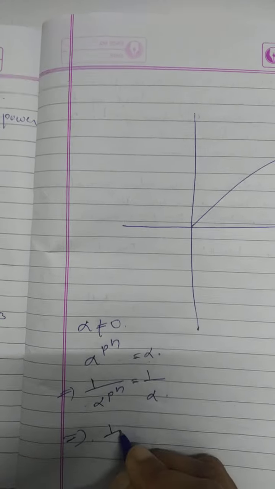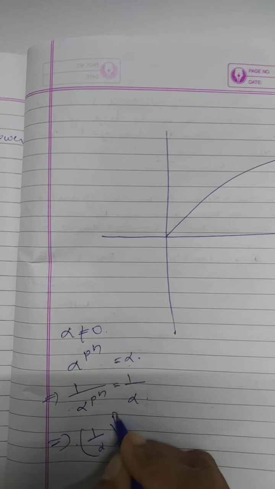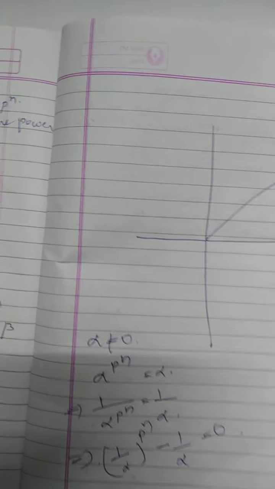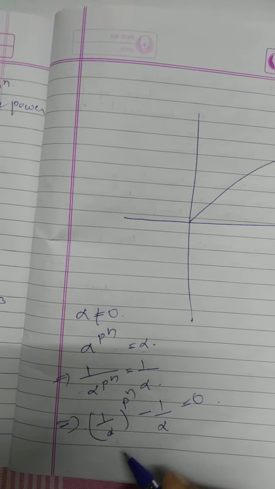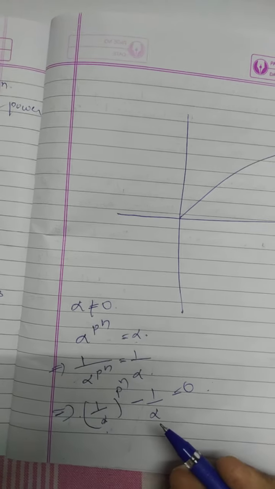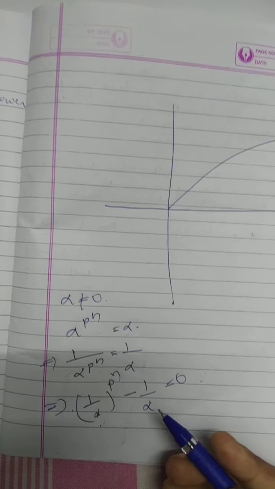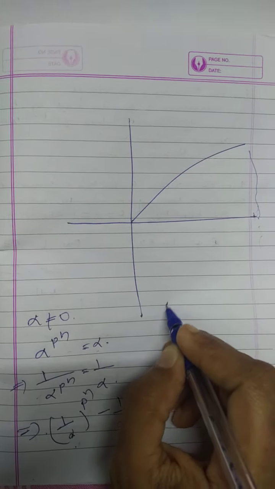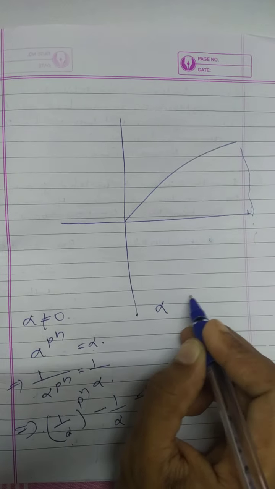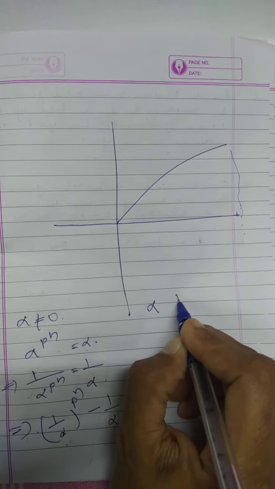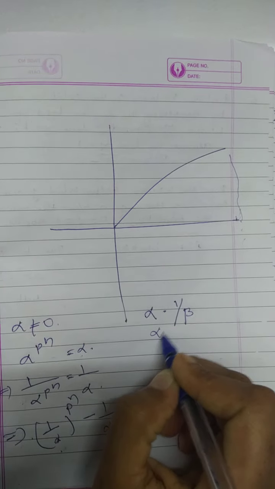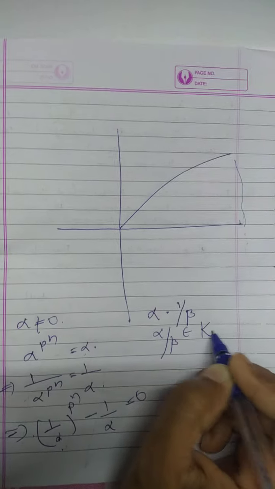That is, we can write minus 1 by alpha equal to 0. So if alpha not equal to 0, 1 by alpha is a 0 of x raised to p raised to n minus x. So 1 by alpha also belongs to K. So for alpha, beta belongs to K and beta not equal to 0, alpha into 1 by beta belongs to K. So alpha by beta also belongs to K.